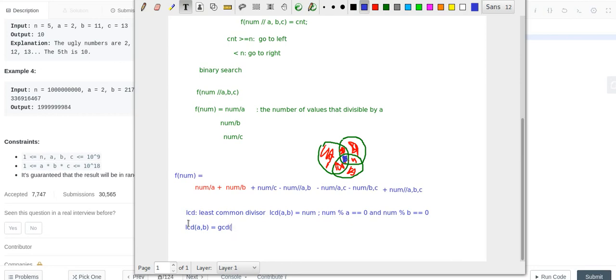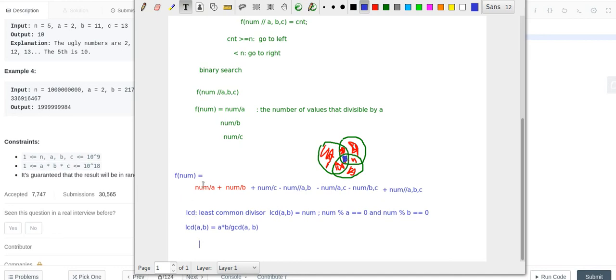The greatest common divisor is very common to lots of people. We can use a times b divided by the greatest common divisor. For the GCD, we can use a library or implement it ourselves.